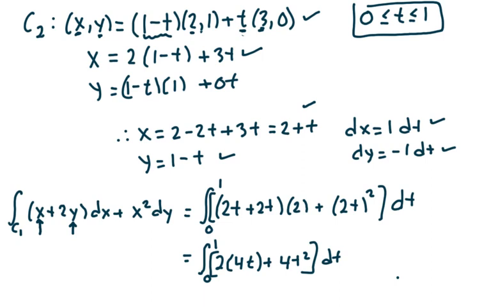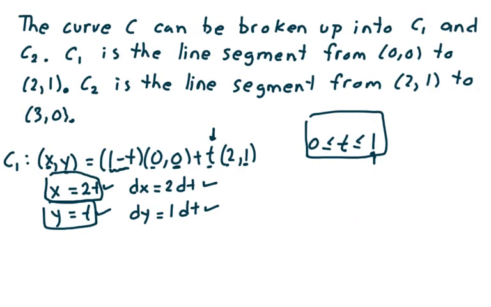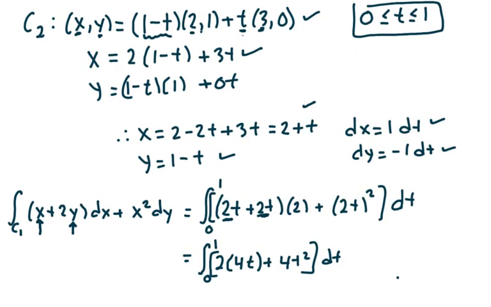So I get 2t plus 2t, and I'm going to take that quantity and multiply by 2, because remember, dx is 2 dt. And if you're wondering what happened to the dt, I saved it for the end.